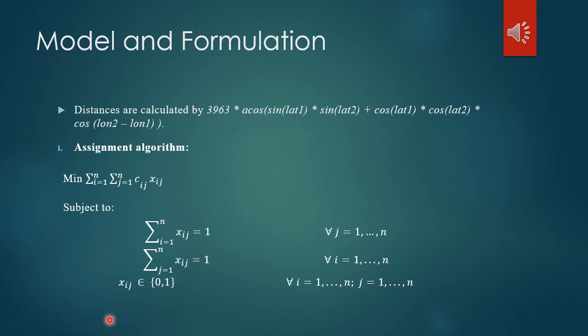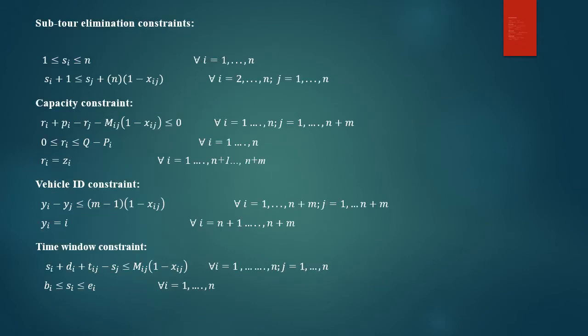The distance between the two nodes is calculated by this formula, and the unit of the distance is nautical miles. The assignment algorithm assigns each tanker to different cities. The subtour elimination constraint eliminates the repeated tour of the same city.